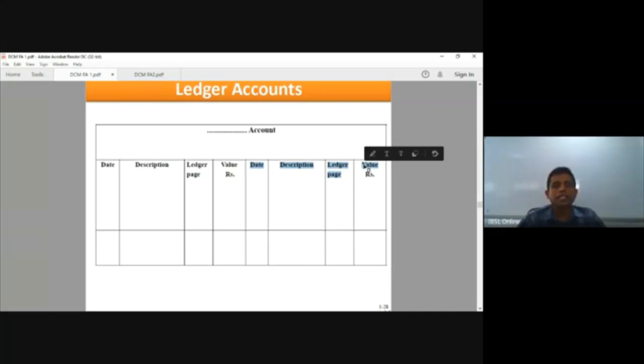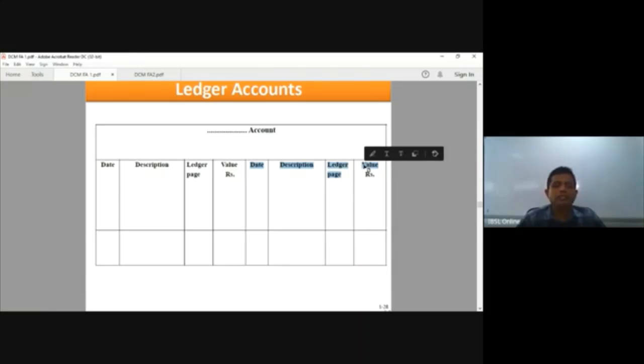Then ledger page means, previously we had these books called ledgers, right? This might be ledger page 1, and the other entry might be on ledger page 100. You have to have the references. In this ledger account, you have to say 100. In that ledger account, go to page 100 and say page number 1.